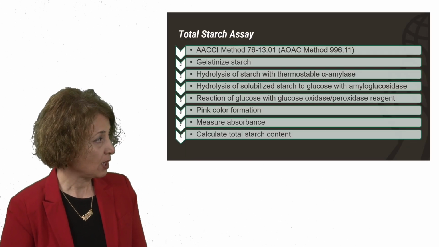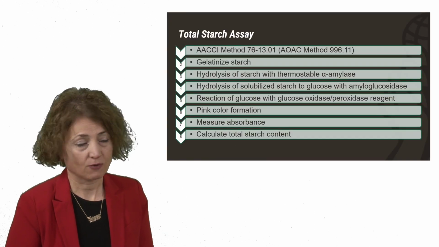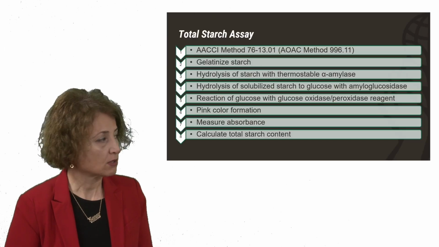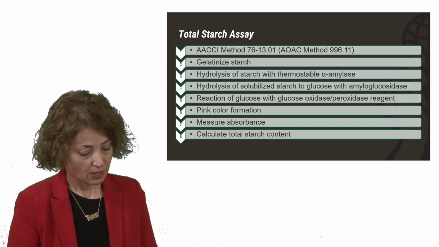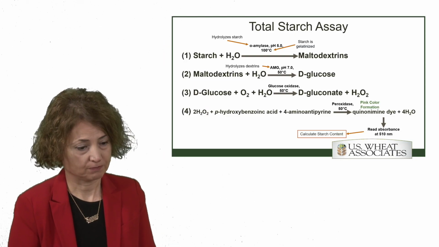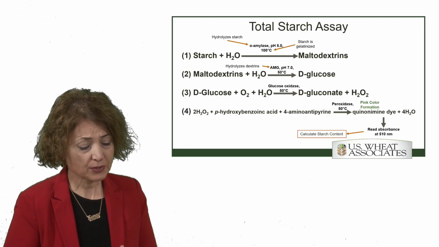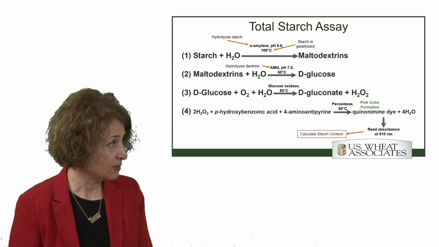There is a pink color formation, and we measure the intensity of the pink color. The stronger the color, the more starch there is, and using standard curves, we can quantify how much starch we have in the sample. Again, this is the principal idea behind the total starch assay. This is the AACC method.